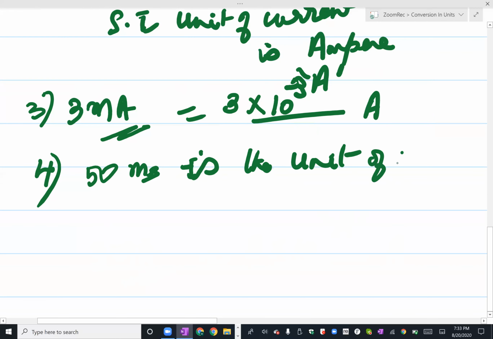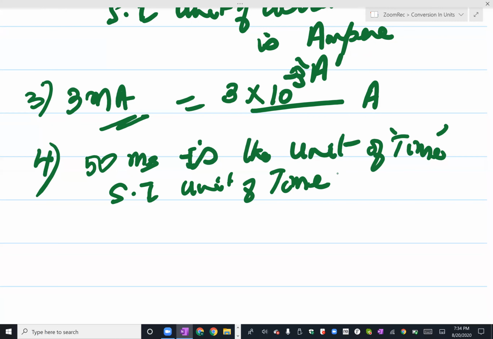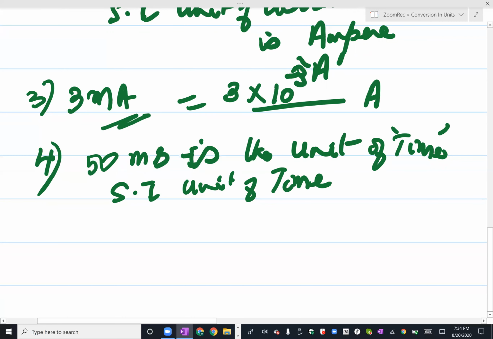So it is the unit of time. And SI unit of time, because in 9th standard you would have been used to seeing velocities of a marble or anything else in meter per second. So it's 50 milliseconds. That's why it's written. It's not millis. It is 50 milliseconds. The SI unit of time is second, and written as s.